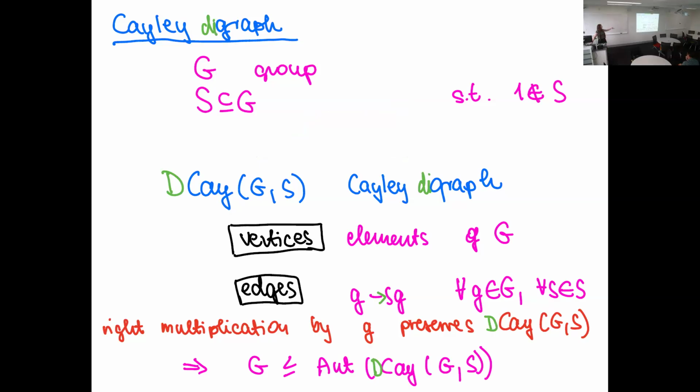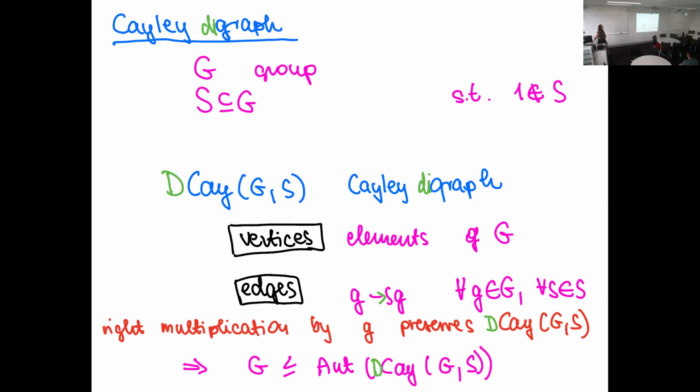Okay, so in this case, also G will lie inside the automorphism group of this digraph. And then the question still remains, okay, it's inside, but is it the same? Can it be the same? Can we just say, oh, you just take a Cayley graph and then that's the graph that your group is the automorphism group of?